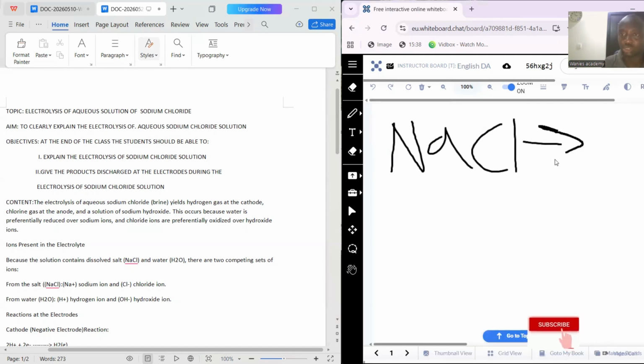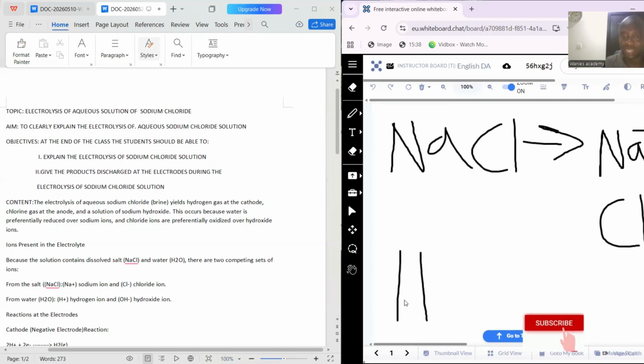Then the water itself also undergoes dissociation into ionic forms to give us hydrogen ion, H+, and hydroxide ion, OH-.